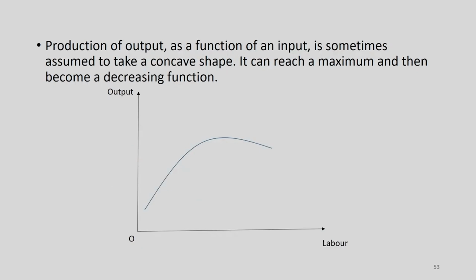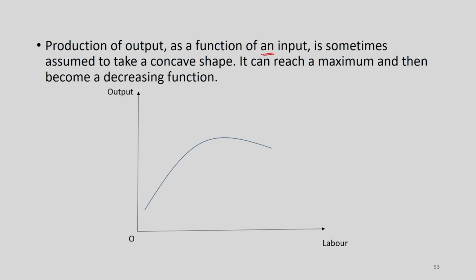Can there be a concave function in real life? So, here is the example of a concave function in real life. This is not based on data unlike the previous function, but what we have written here, just pay attention to that. Production of output as a function of an input, just one input, is sometimes assumed to take a concave shape.